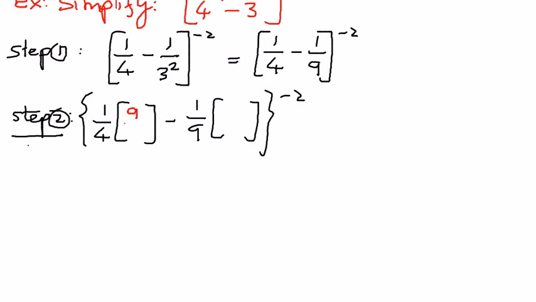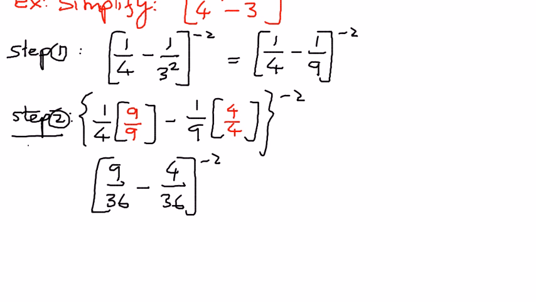I'm going to multiply and divide by 9 for the first fraction, multiply and divide by 4 for the second fraction. That will give us a common denominator of 36. So here we have 1 times 9 is 9, 4 times 9 is 36, minus 1 times 4 is 4, 9 times 4 is 36. So this whole thing needs to be raised to the power of negative 2.